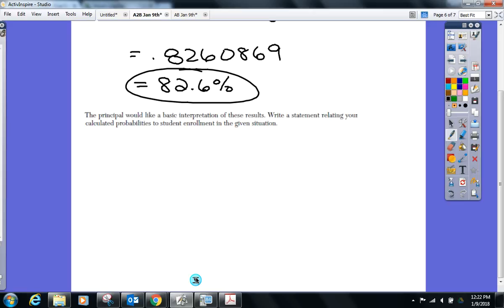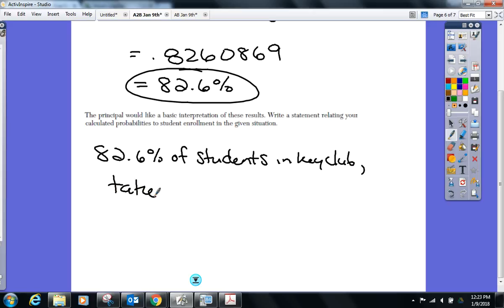So of everyone that's in Key Club, 82.6% of students in Key Club, because that was already given, also take AP Physics. Yep. That's all we need here. P, H, Y, S, I, C, Physics. So given they're already in Key Club, 82.6% of them also take AP Physics.